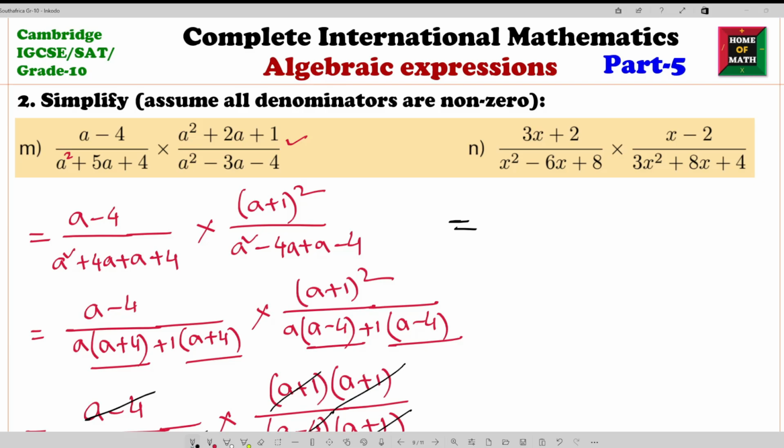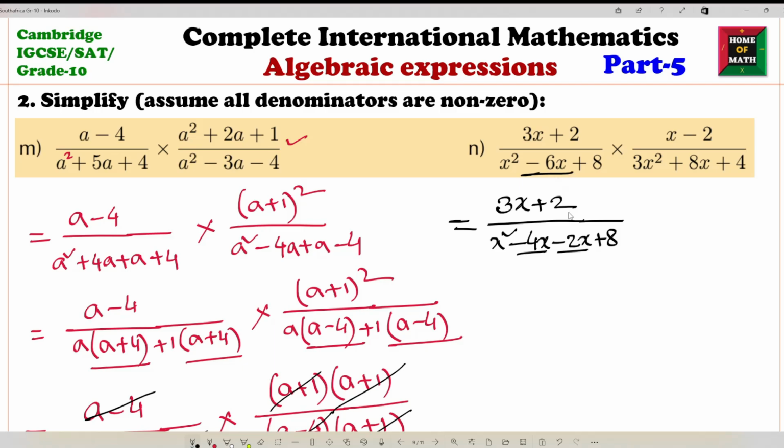Number N. 3x plus 2 divided by x square minus 6x plus 8, times x minus 2 divided by 3x square plus 8x plus 4. For the first, x square minus 4x minus 2x plus 8. Why do we write minus 4x and minus 2x?